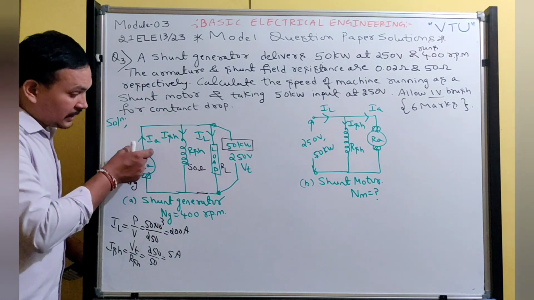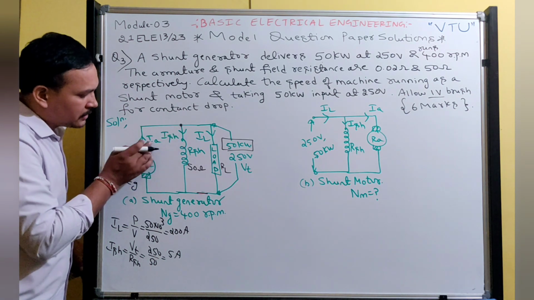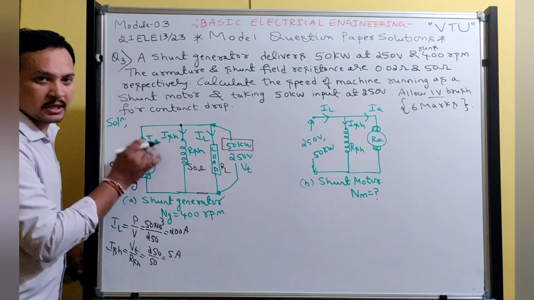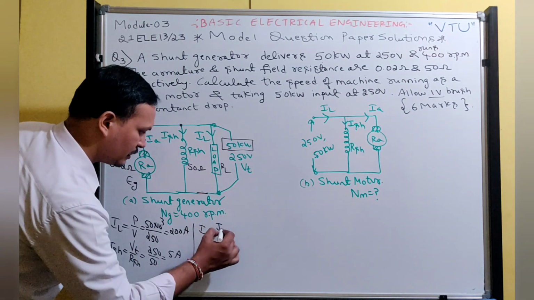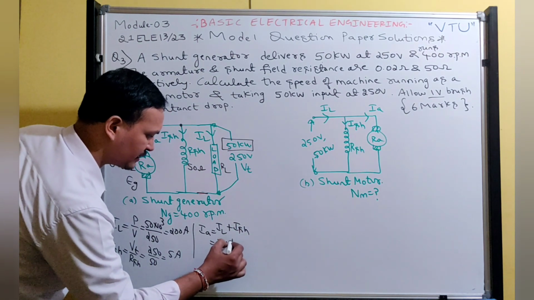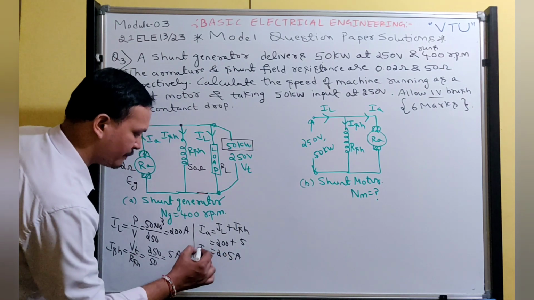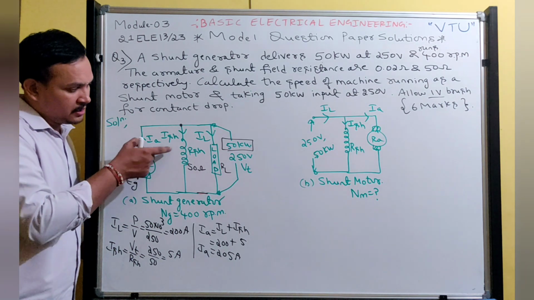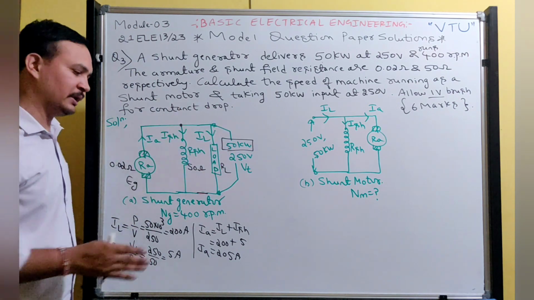The armature delivers current, which divides into the shunt field winding and load. So the equation is IA equals IL plus ISH. IL is 200 and ISH is 5, so the armature current is 205 ampere. This much current is generated by the machine; 5 ampere passes in the field winding and 200 on the load side.